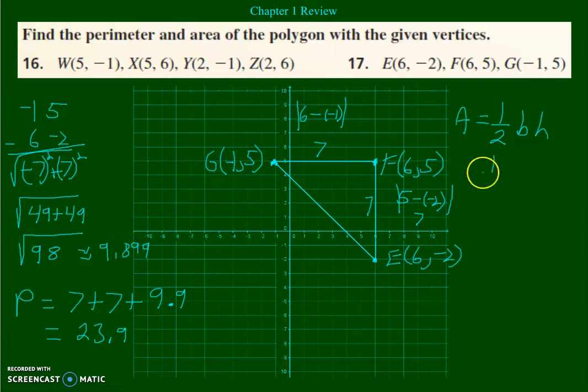So we're going to say 1/2 times 7 times 7, which is 49 divided by 2, which is about 24.5. That's number 17. Now on to number 18.